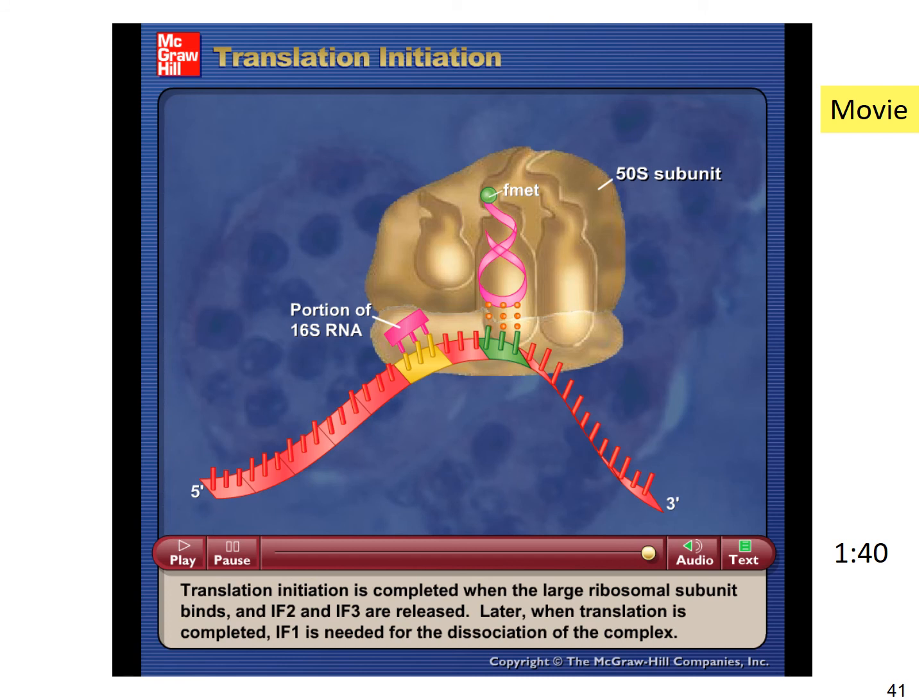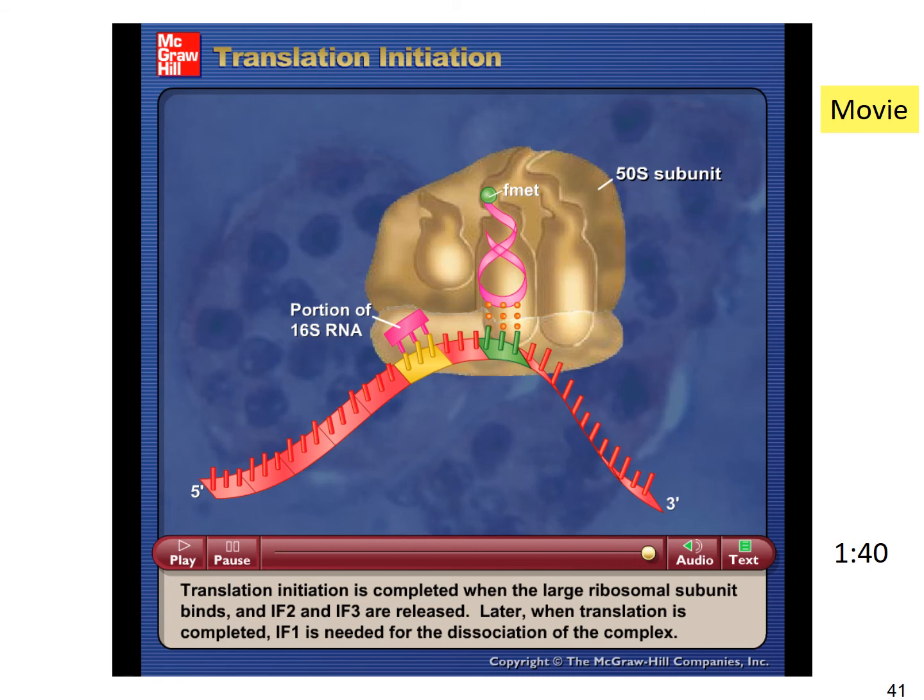Initiation factor 3 also facilitates the binding of the mRNA to the small ribosomal subunit. Once the 30S subunit IF3 mRNA complex is formed, initiation factor 2 binds to the complex and promotes the binding of the initiator transfer RNA for N-formyl methionine to the complex.